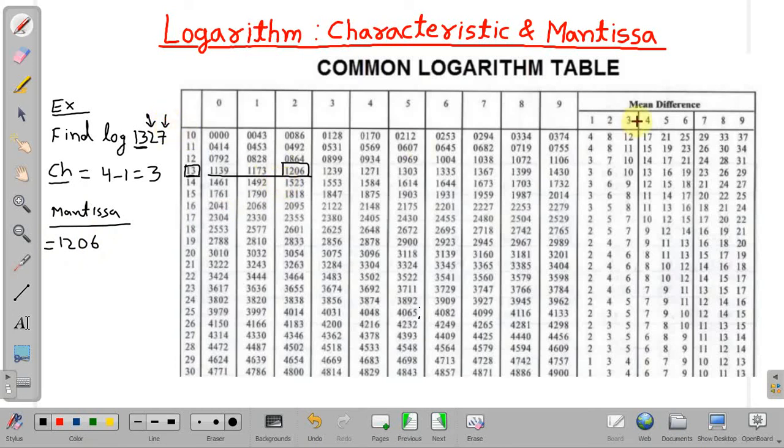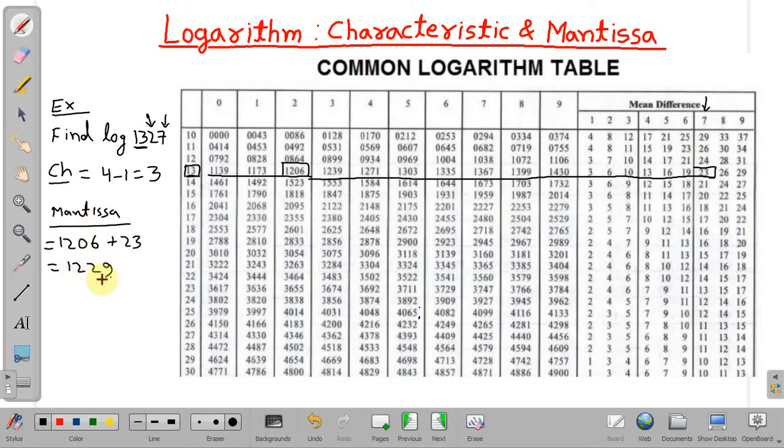So we find the mean difference for 7. So we have to see this column now, in the same row. When we look here, this is crossing at 23. So our mean difference will be 23, and we have to add 23 here. So it is 1229. Okay.